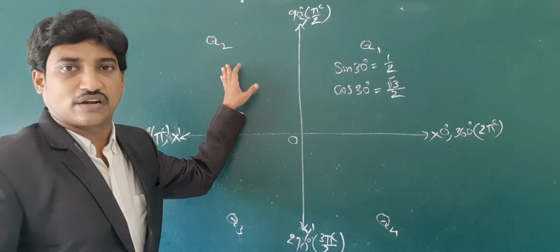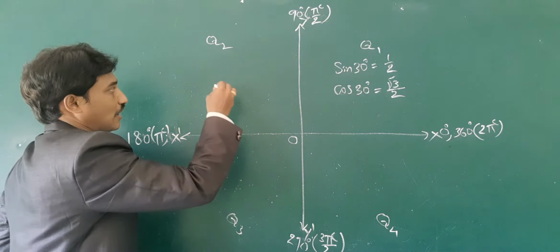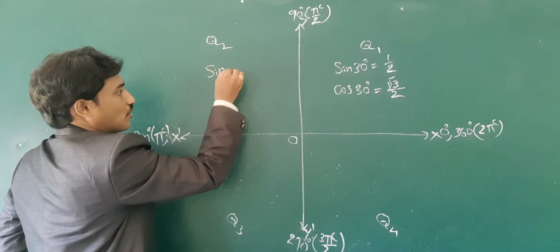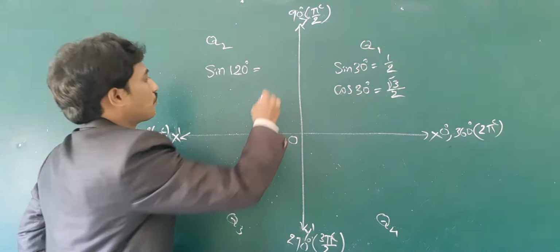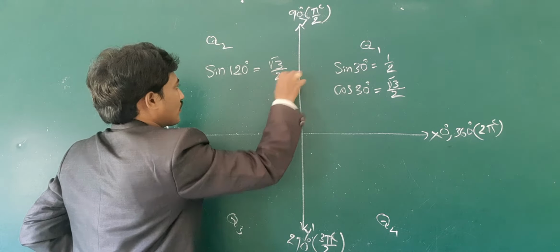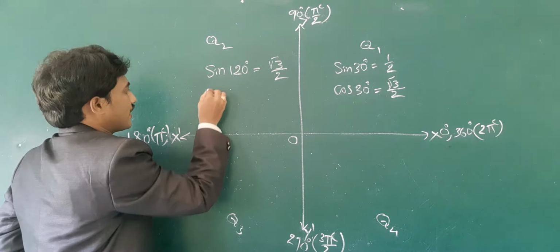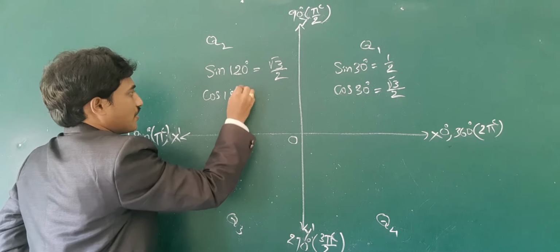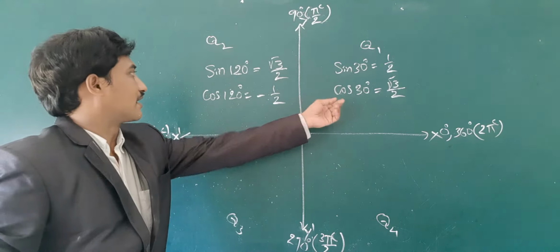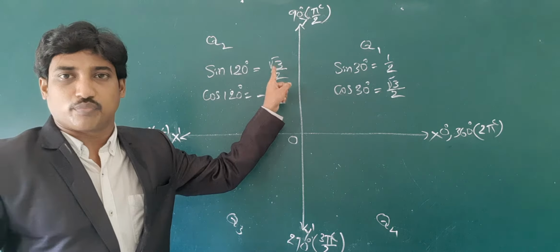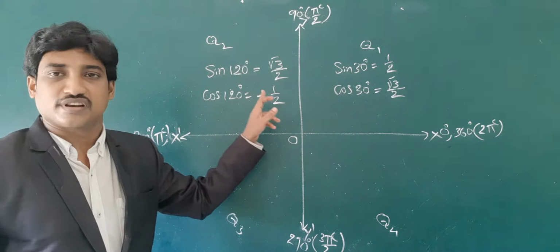Next, in the second quadrant, I am taking an angle 120 degree. Sin 120 degree is root 3 by 2. Cos 120 degree is minus 1 by 2. Here sin 120 is positive, cos 120 is negative.